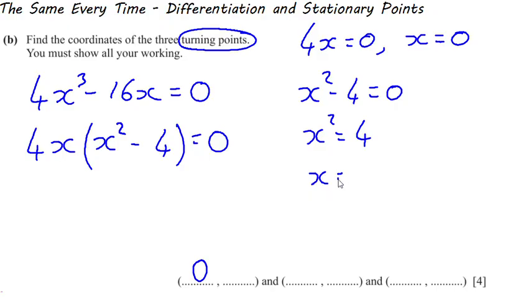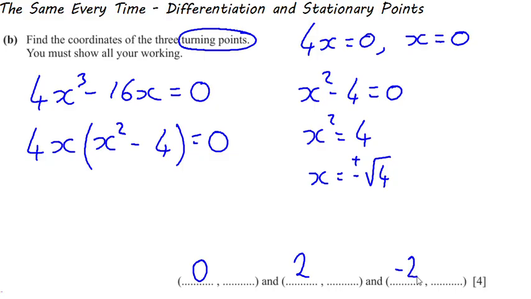So x equals square root 4, but be extremely careful, because with this kind of equation we need plus or minus square root 4. Remember, when I square a negative number, it still gives me a positive answer. So square root 4 is 2, so positive 2, negative 2.